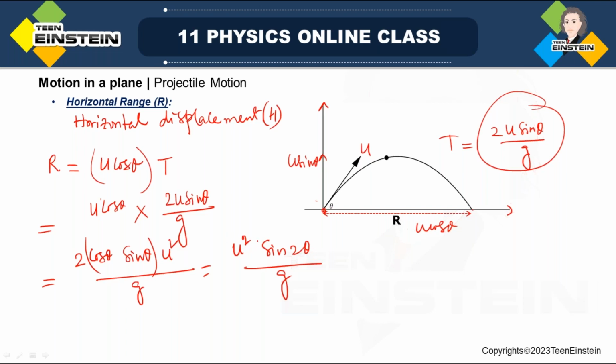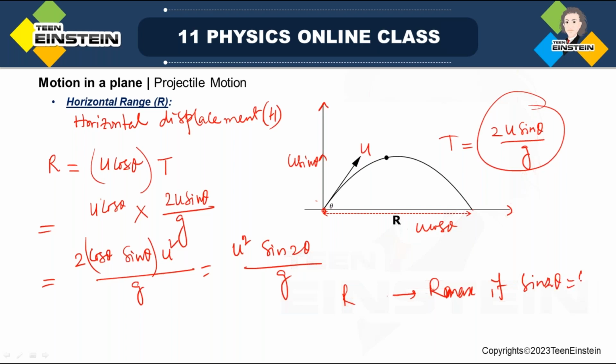So suppose you have been asked to find out the maximum horizontal range for a given velocity, okay, maximum horizontal range, then this range will be maximum when, R goes to R max, if the sine 2 theta is 1.